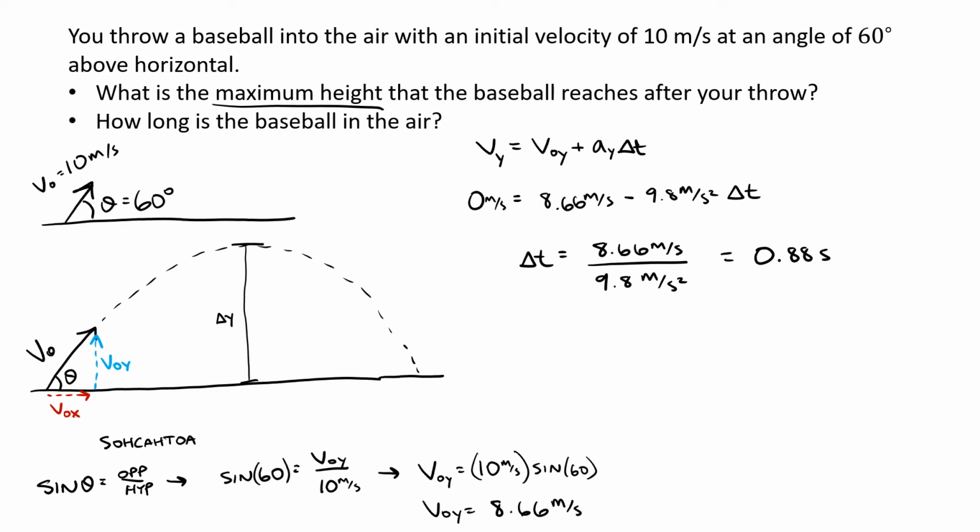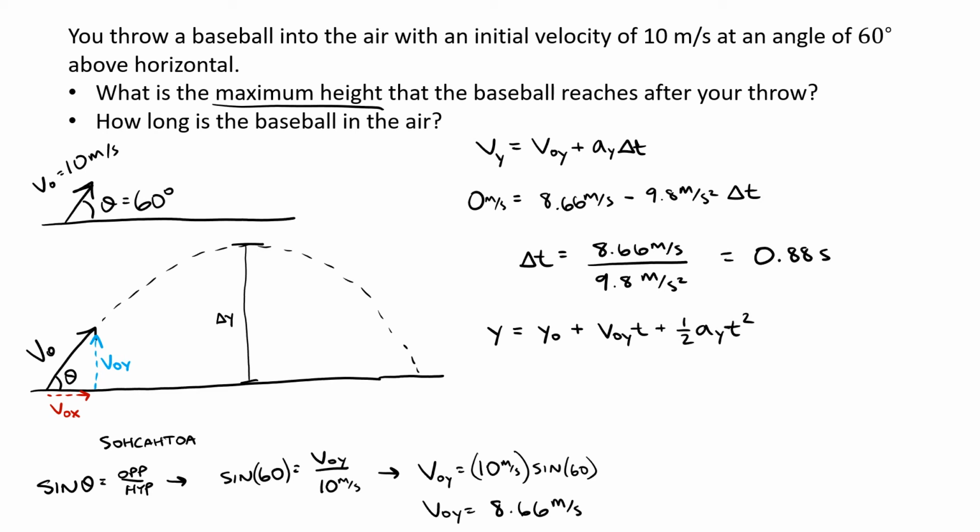So we can use this kinematic equation. We can say y equals y naught. I'm going to write the full thing out how it's normally written, and then I will change it in the next line.